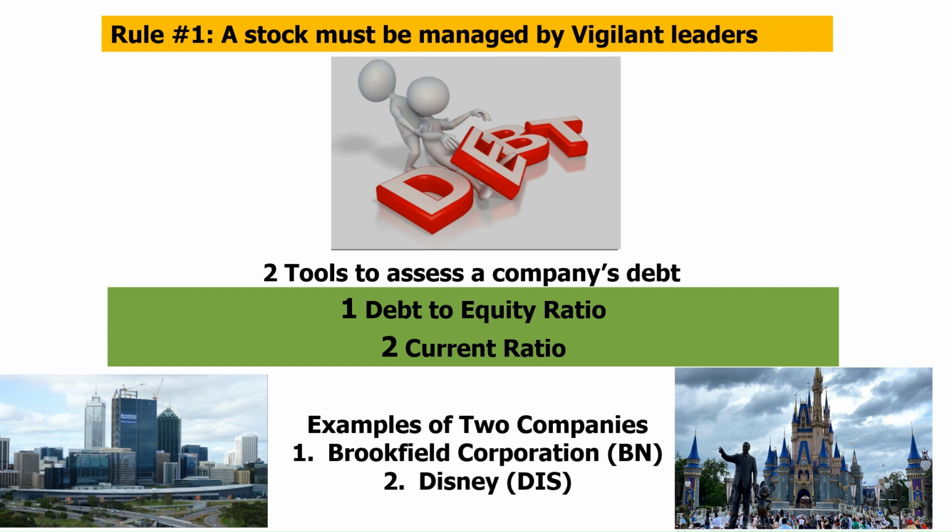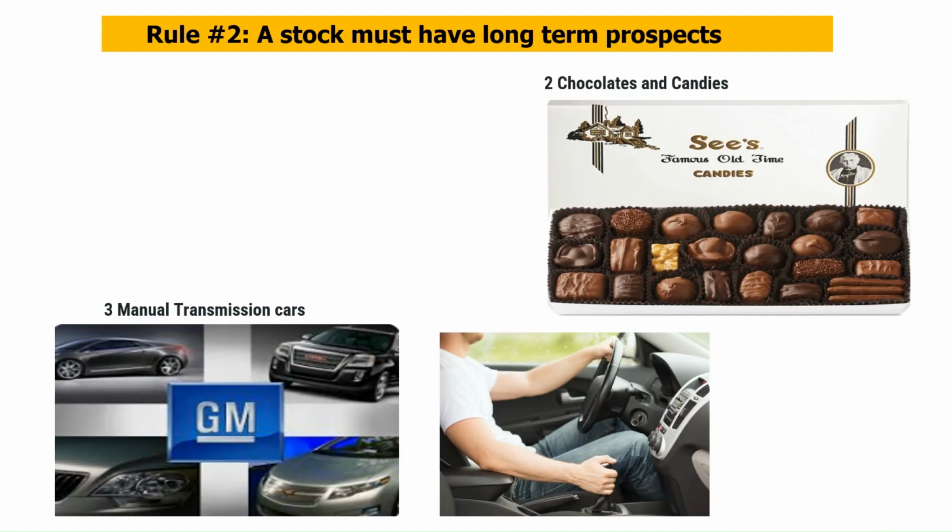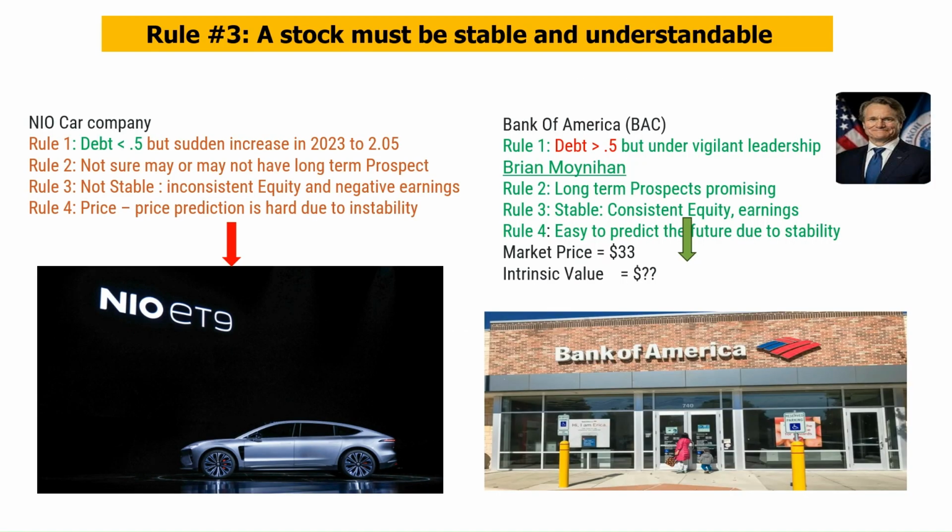We learned the debt to equity ratio and the current ratio, and then we looked at See's Candy Company and a manual transmission car company like General Motors. We gave an example to understand the second rule, which is a stock must have a long-term perspective. And then we compared Neo, a car manufacturing company, with Bank of America to understand the third rule, which is a stock must be stable and understandable.